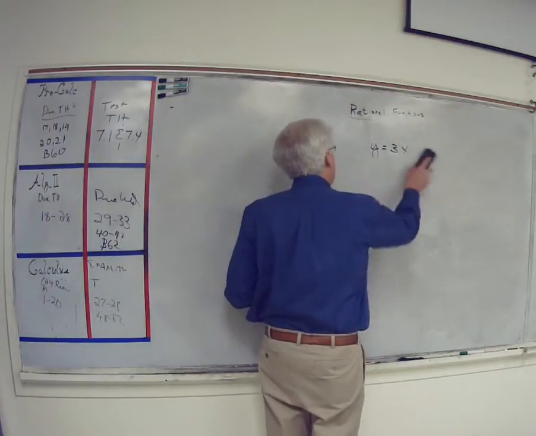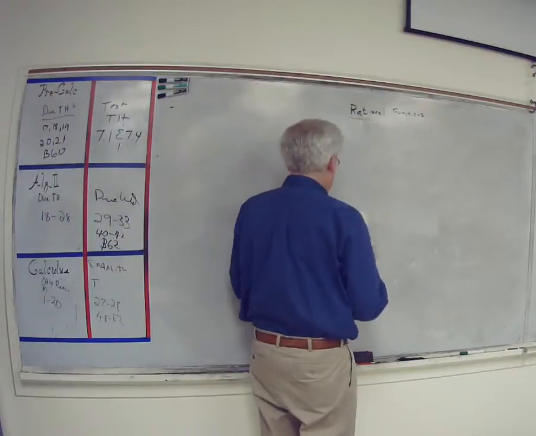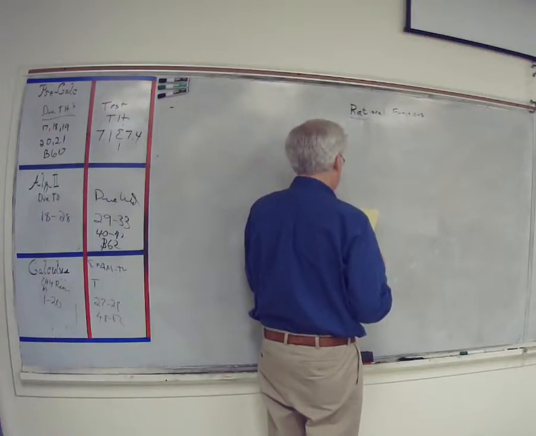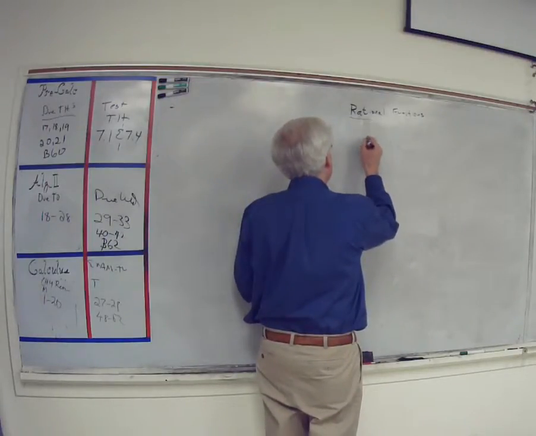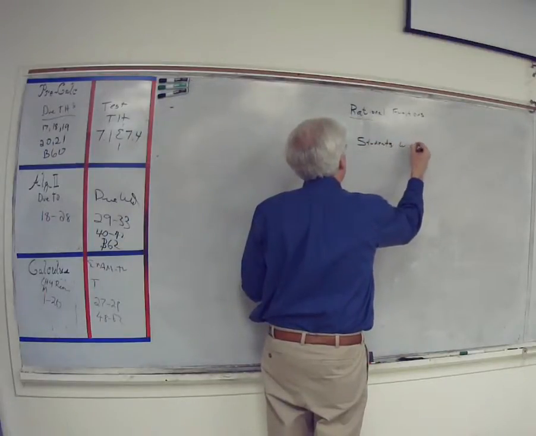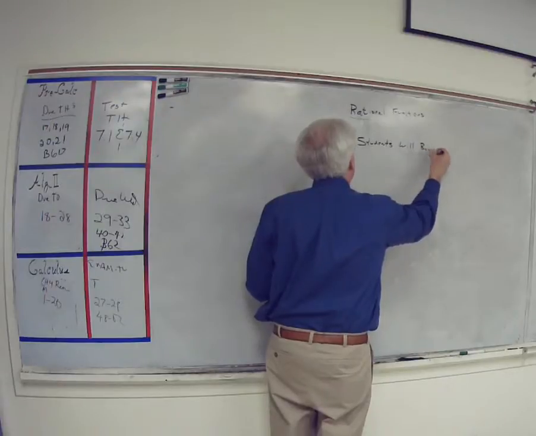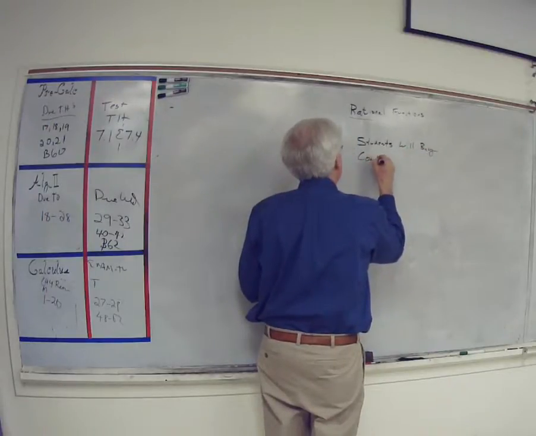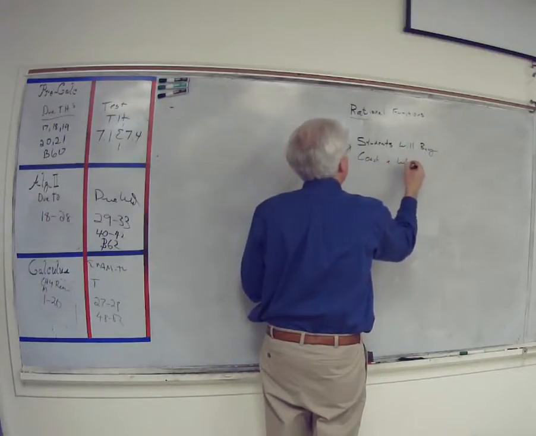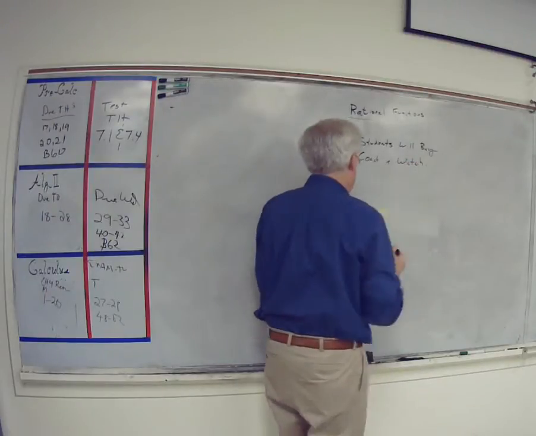Let me show you how that would work. Let's say that you students got together and decided to buy the coach a gift. Students will buy coach a watch, a nice watch.